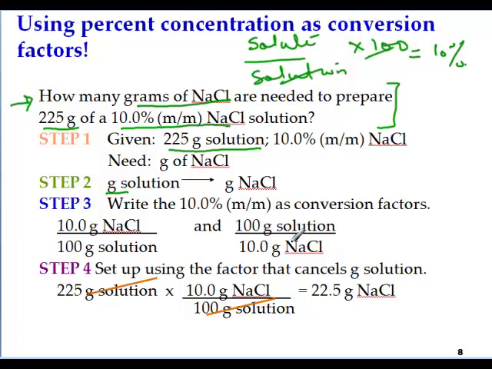So setting up again, we are going back to how we did dimensional analysis. You always start with what's given. So we're trying to find out how many grams of solute 225 grams of solution will give you. So looking at this information, we find that 250 grams of solution is being solved for, it's a 10%, which means that it's going to be 10 grams of solute in 250 grams of solution.